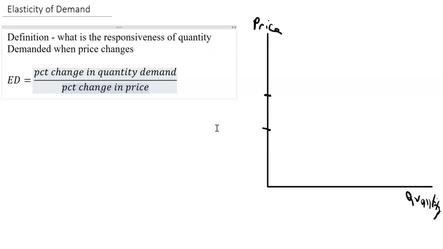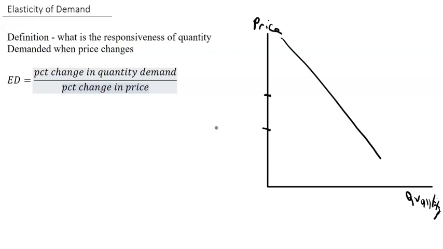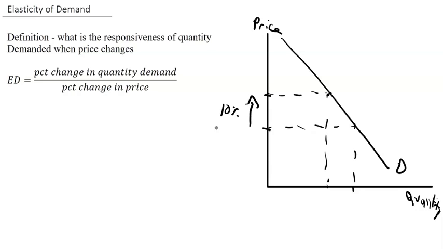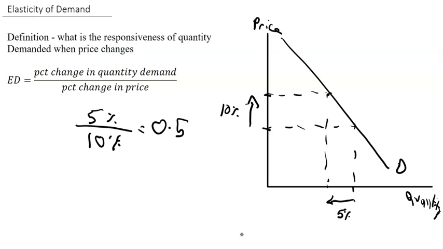If I draw a demand curve like this, and let's say price increases by 10% whereas quantity decreased by 5%, then my elasticity of demand would be the percentage change in quantity demanded, which is 5%, divided by the percentage change in price, which is 10%. So it would be 0.5.